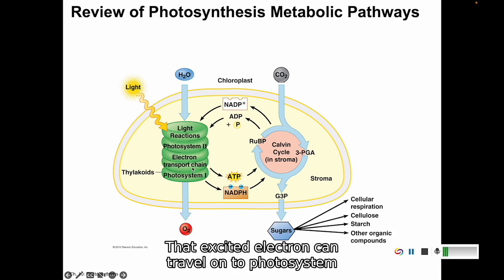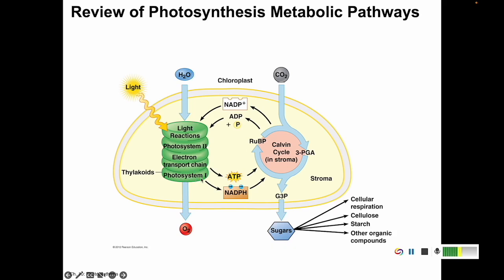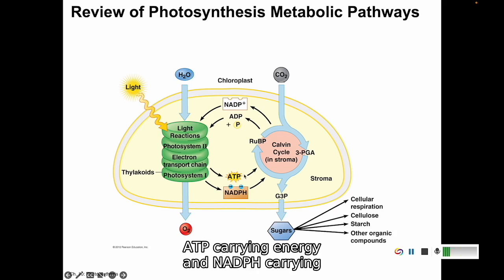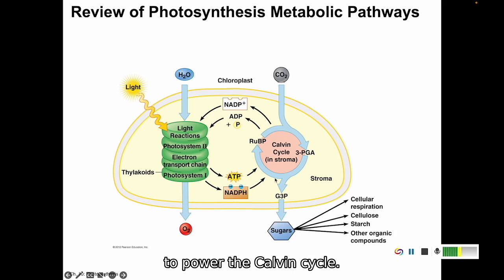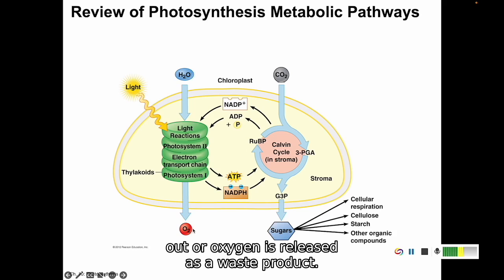That excited electron can travel on to photosystem 1, where photosystem 1 will use another photon of light to excite the electron and create NADPH. ATP carrying energy and NADPH carrying excited electrons go to the Calvin cycle to power it. As a result of this, oxygen is released as a waste product.